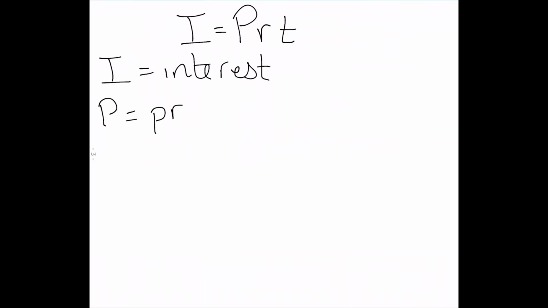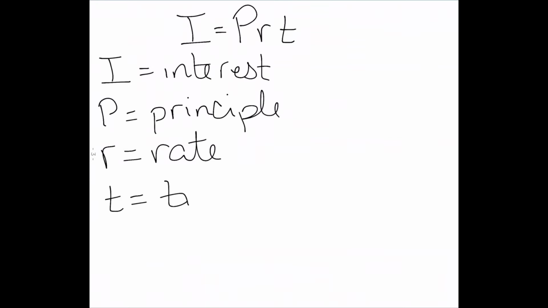P is the principal, which is either how much we invested or how much we borrowed, depending on whether we're making interest or paying it. R is our interest rate, and T is time in years.